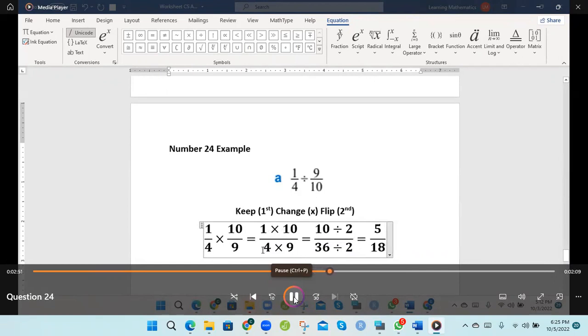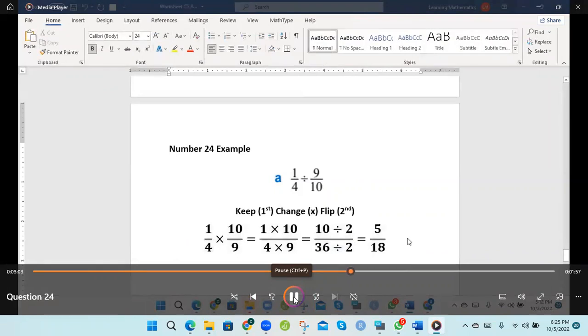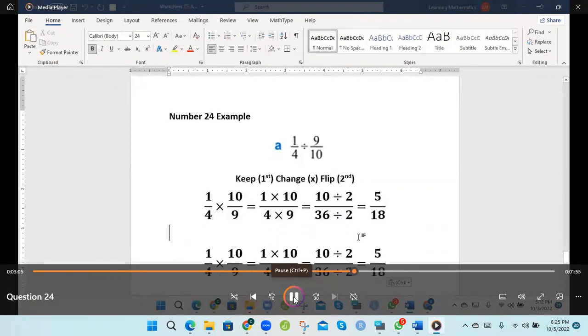It's also possible to make the reduction right from the beginning with the 4 by the multiplication side, the 4 and the 10. So you could have said the 10 divided by 2 and the 4 divided by 2 before the multiplication takes place. So that's an alternative way you could have done it.